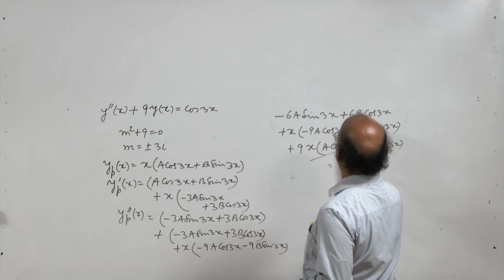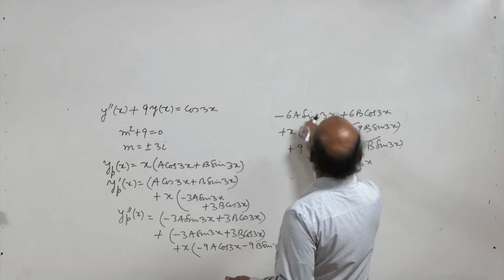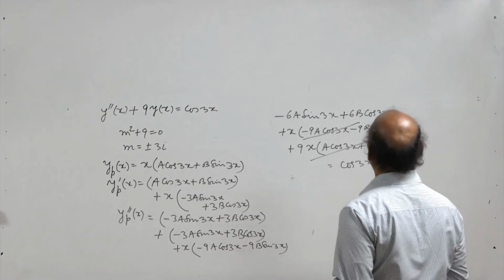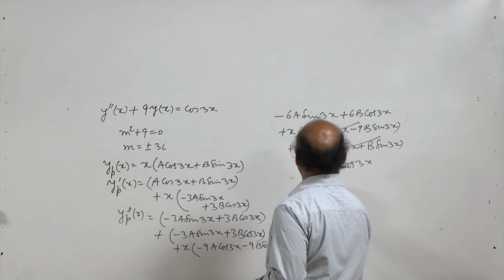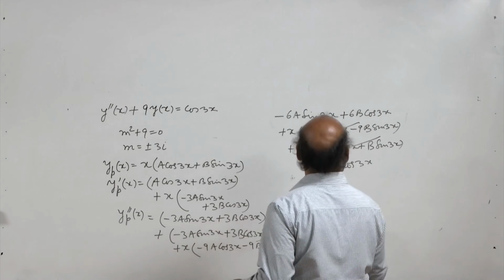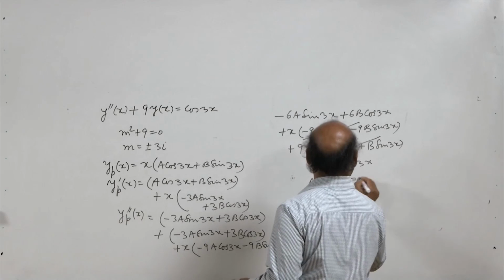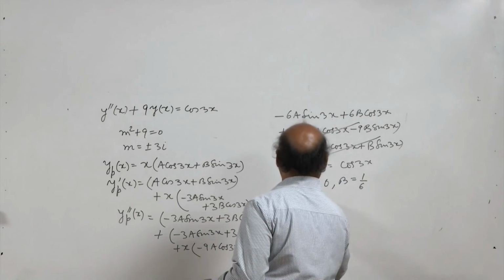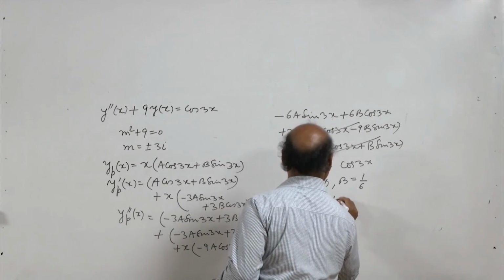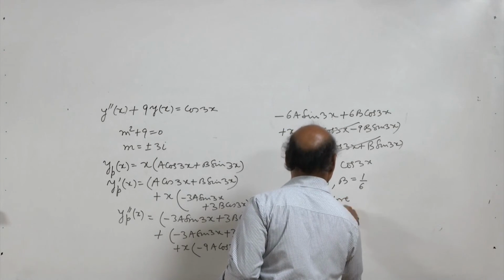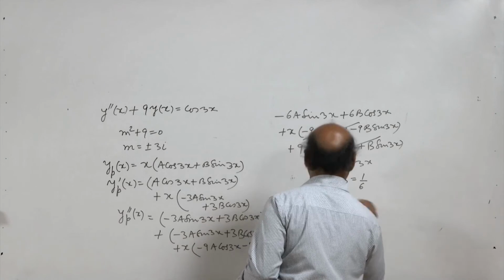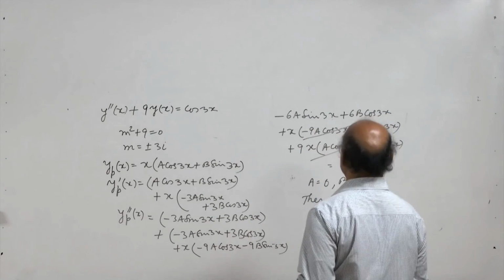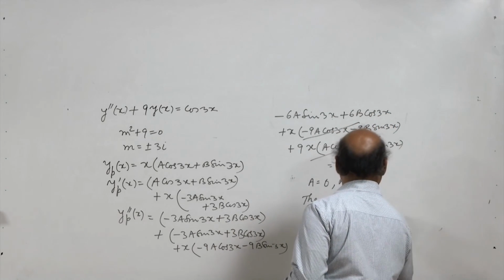So this and this cancel. Now equating the coefficients of sin 3x and cos 3x on both sides, we get a equal to 0 and b equal to 1/6, and therefore y_p(x) equal to x times a is 0, b is 1/6, so (x/6) sin 3x.